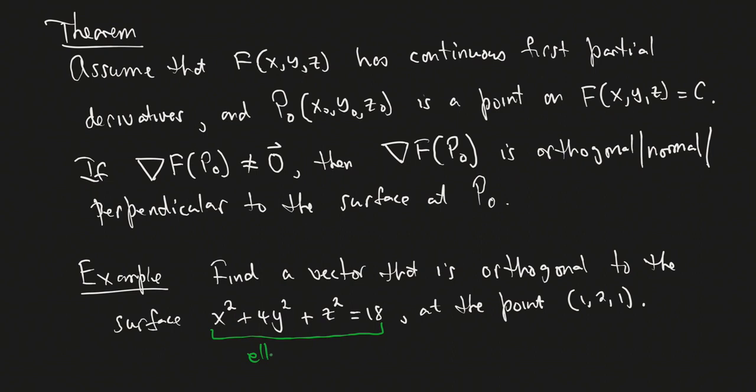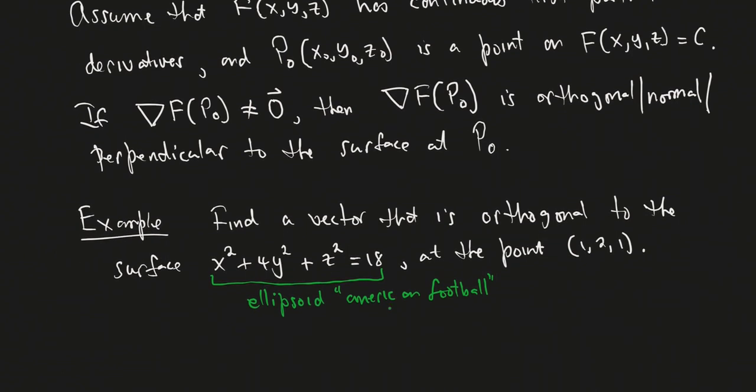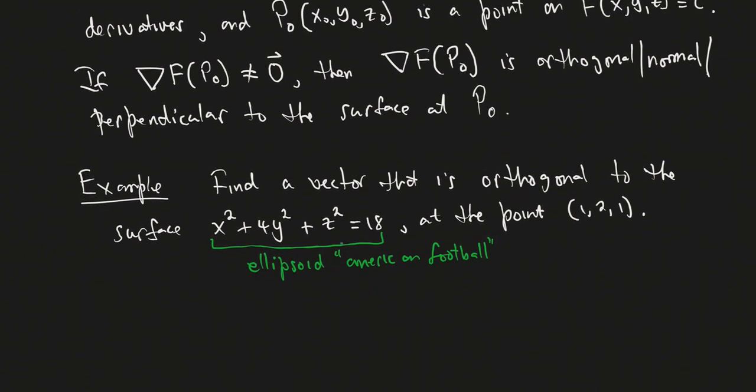This is called an ellipsoid. Fancy word for your American football. Right, so you can have that picture in mind, and we want to find a vector that's orthogonal to that football shape at this particular point.